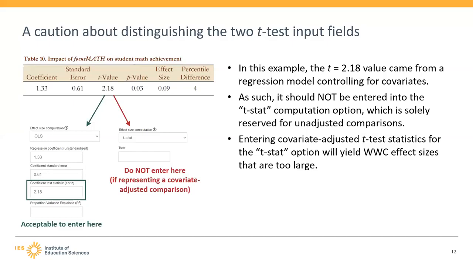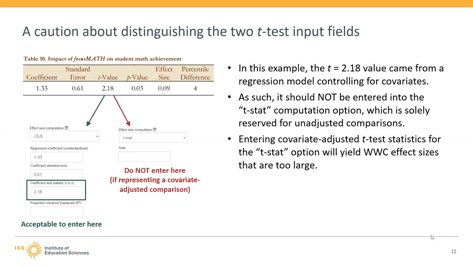We will end this section with 2 additional points about entering effect size information. The first is a caution about distinguishing the 2 t-test input fields now available. The t-test value that Josh showed in his example study came from a multiple regression model that controlled for covariates. As such, reviewers can enter this value in the coefficient test statistic field for regression-based computation options.